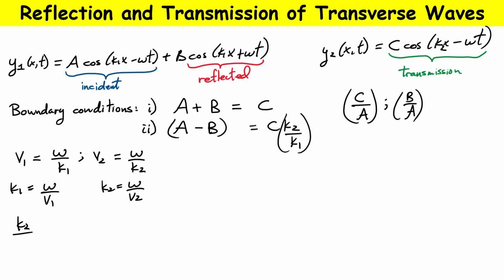So if you do k2 over k1, you get omega over v2 over omega over v1. That simplifies nicely. So the ratio is v1 over v2. So you can also write this as C v1 over v2 if you write it in terms of the velocity.